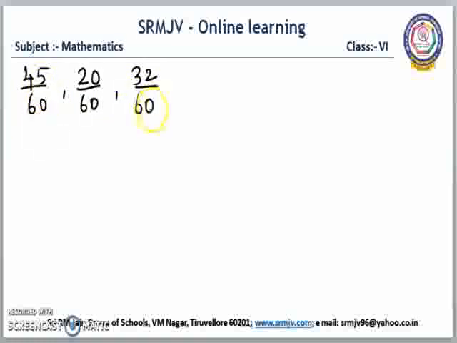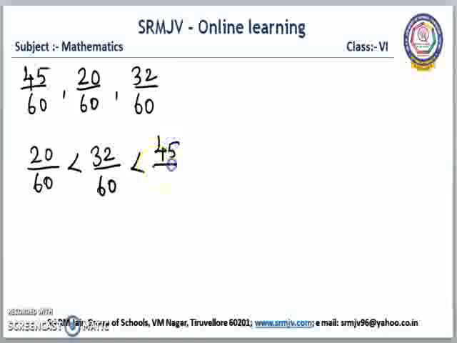So these fractions are like fractions, so we have to compare the numerators. First one, 20 by 60 is the smallest fraction. It is less than the second one, 32 by 60, and 45 by 60 is the greatest one.